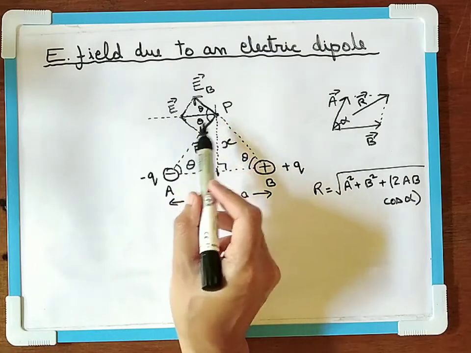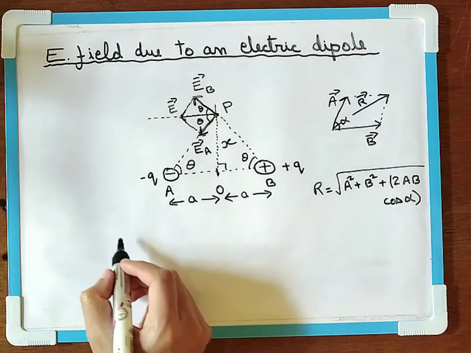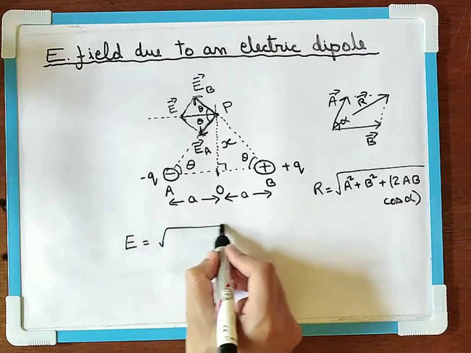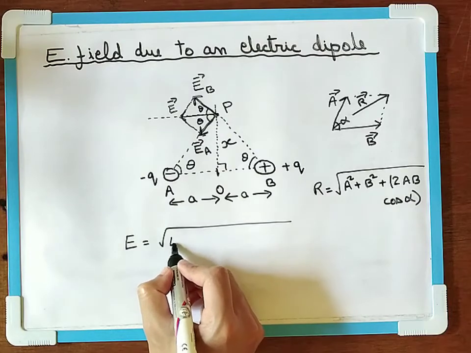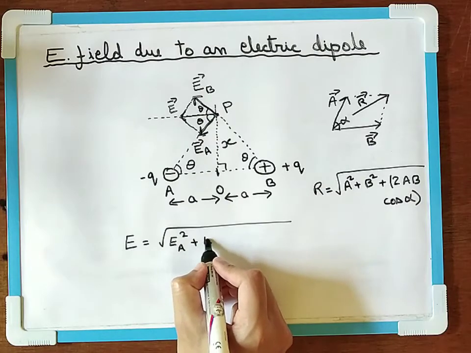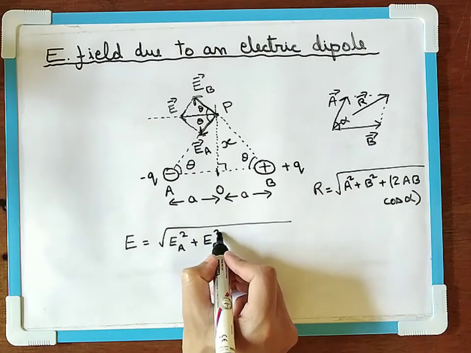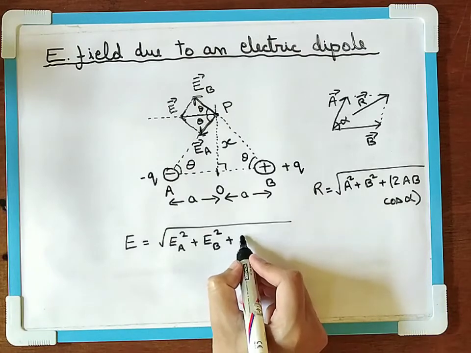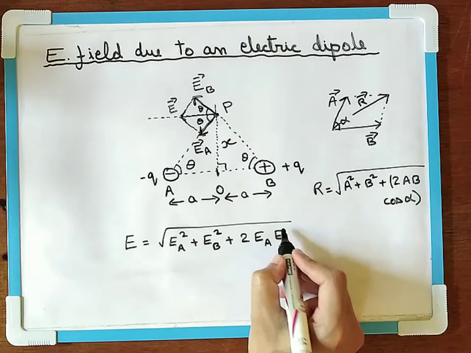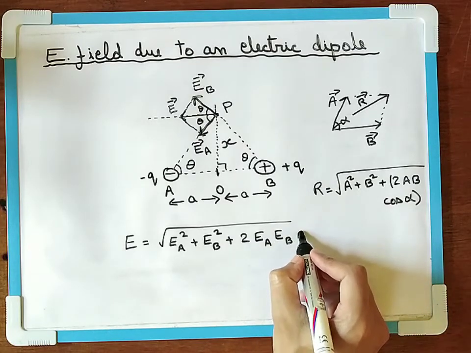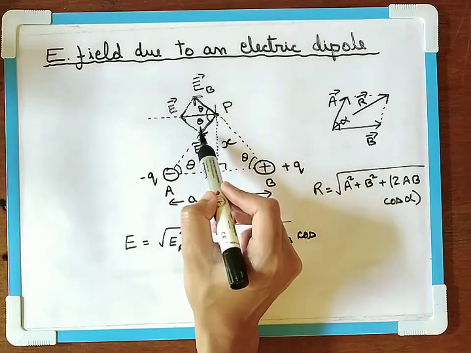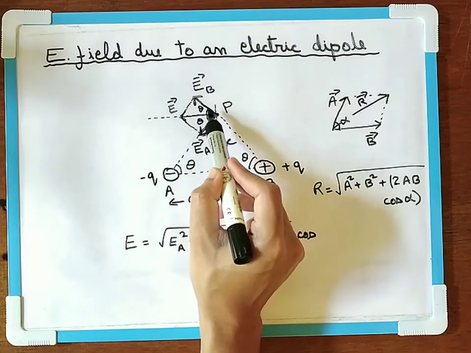Similarly here also, the magnitude of the resultant vector quantity E is equal to root of EA square plus EB square, the magnitudes, plus 2 the magnitude EA into EB, then cos of the angle between the two vectors EA and EB.